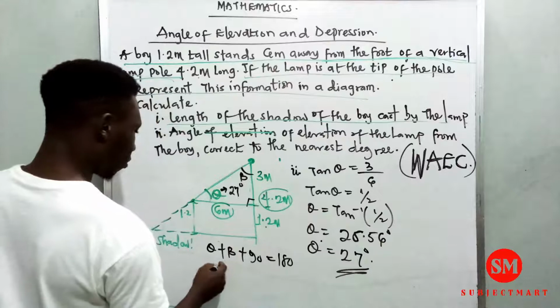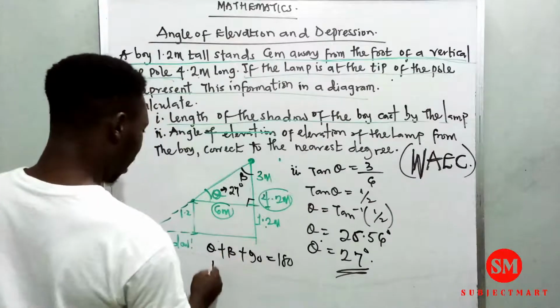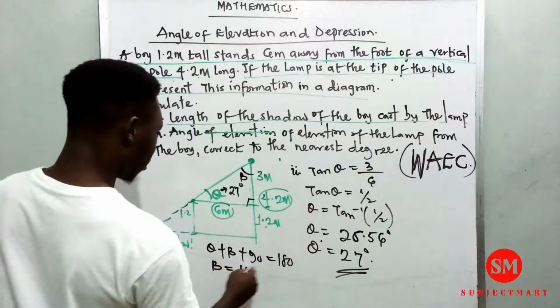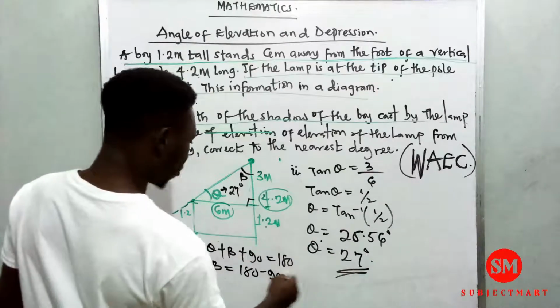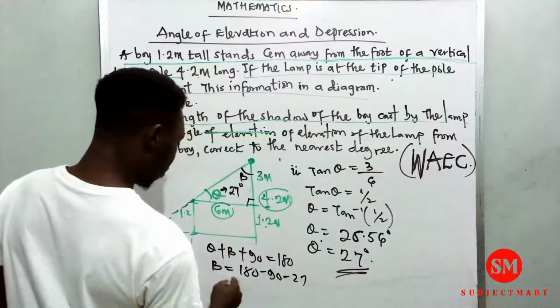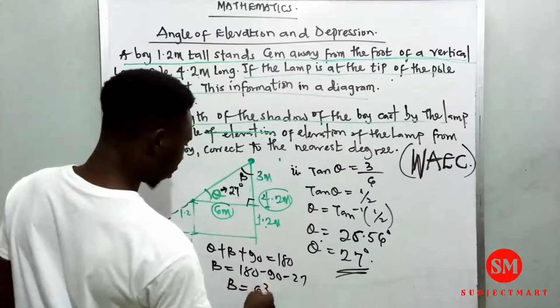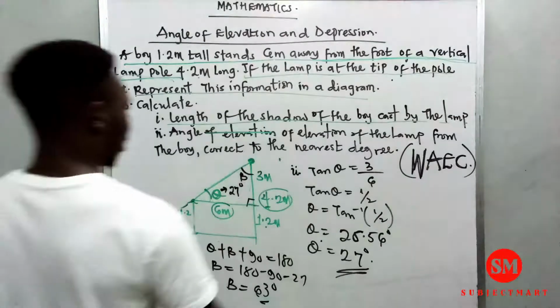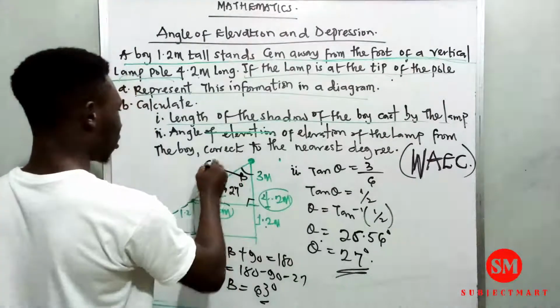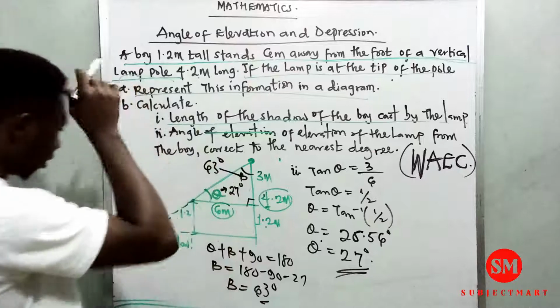So beta is equal to 180 minus 90 minus 27. So beta here is equal to 63 degrees. Now we'll proceed.